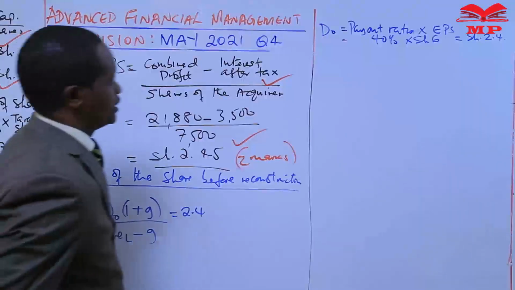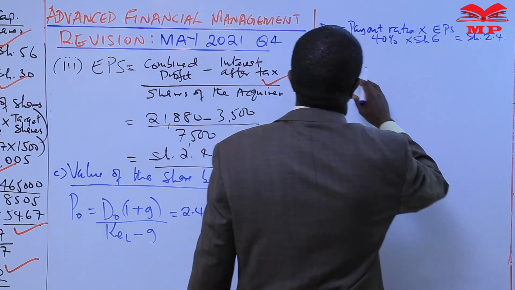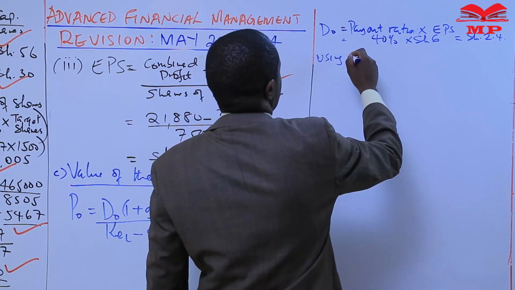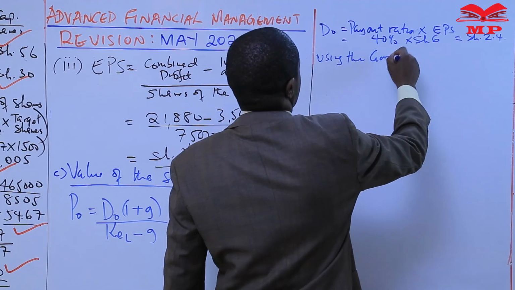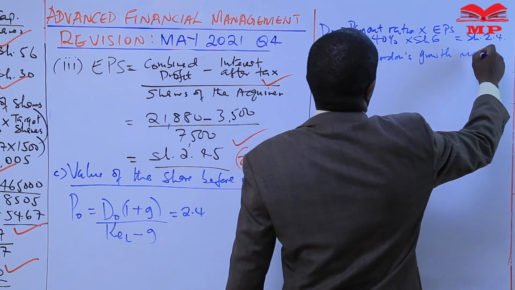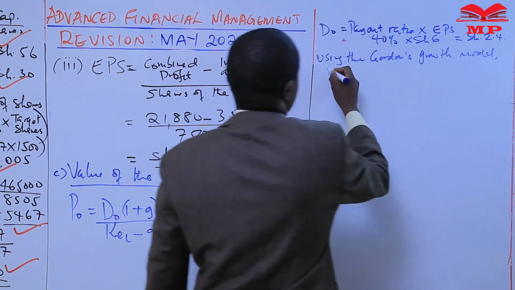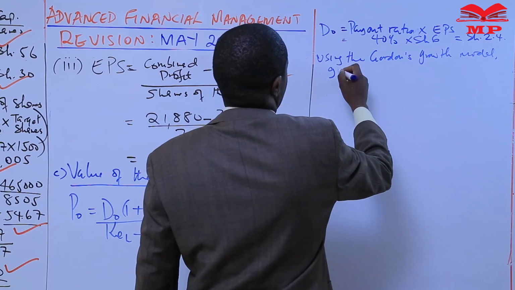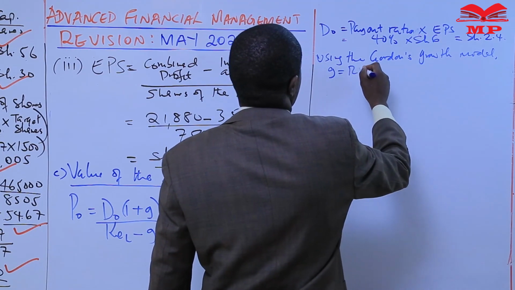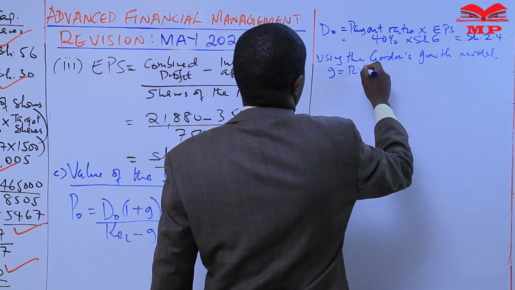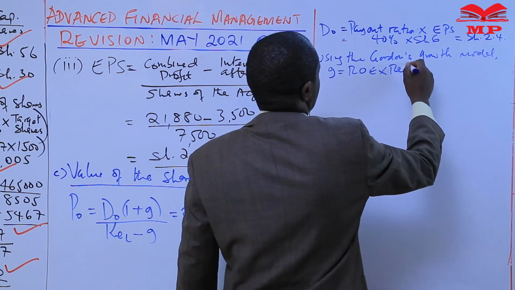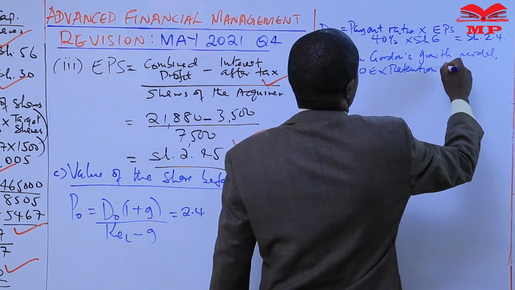Then we are going to work out the growth rate. Candidates, using Gordon's growth model, we know that growth rate G is equal to return on equity times the retention ratio.